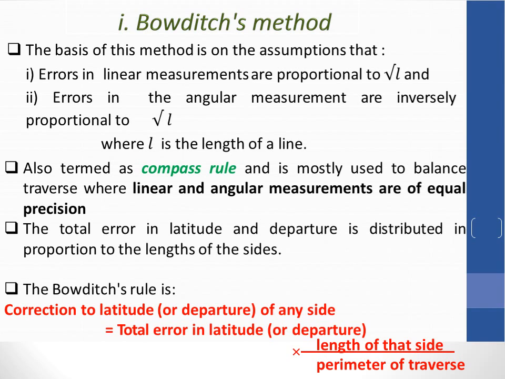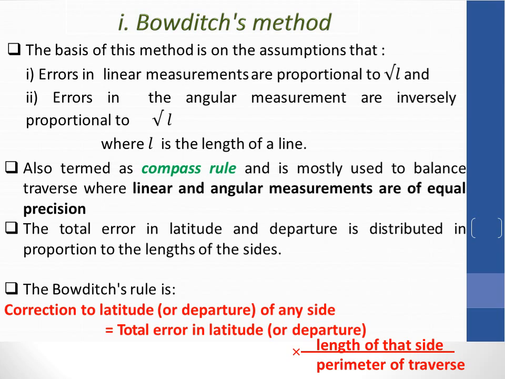This method is also termed as compass rule method, and it is mostly used to balance the traverse where linear and angular measurements are of equal precision. Whenever we are taking this method, we will check whether the linear and angular measurements are taken properly, whether they are precise. In such cases, this method can be easily adopted so that we get good results.